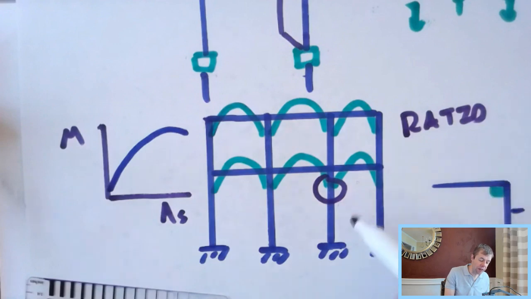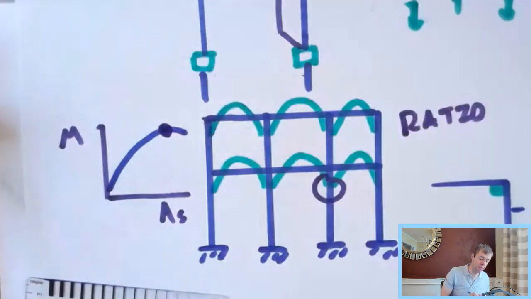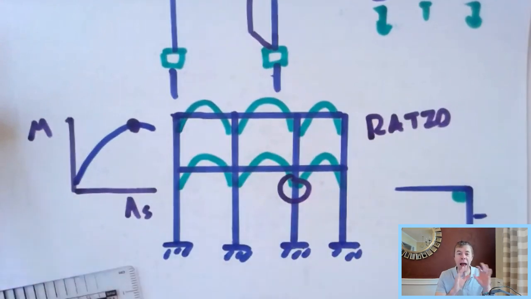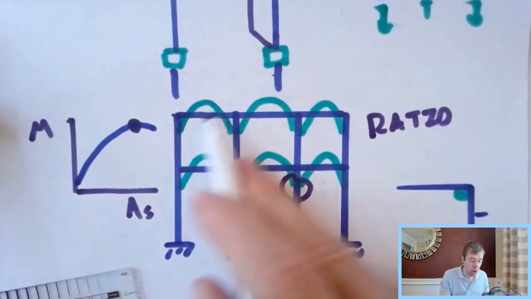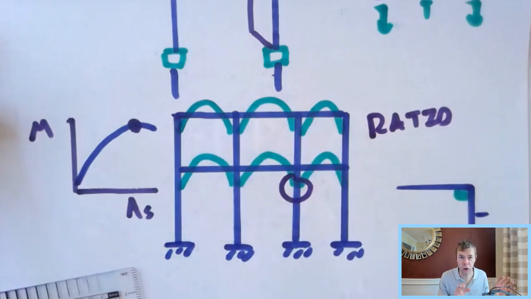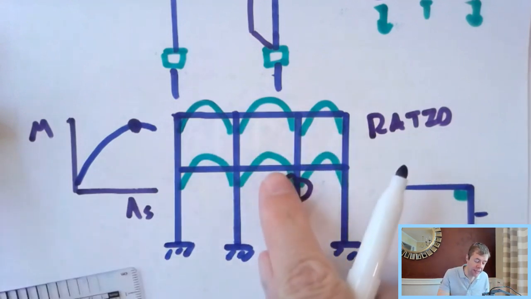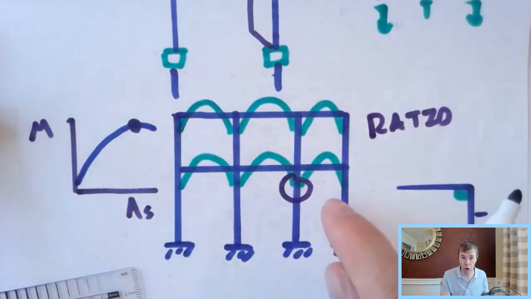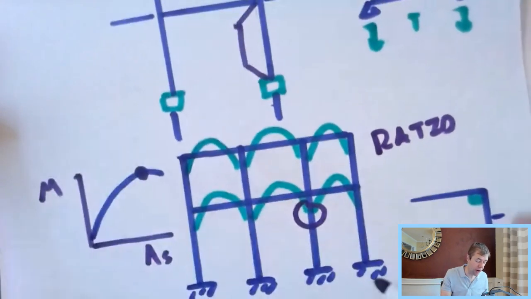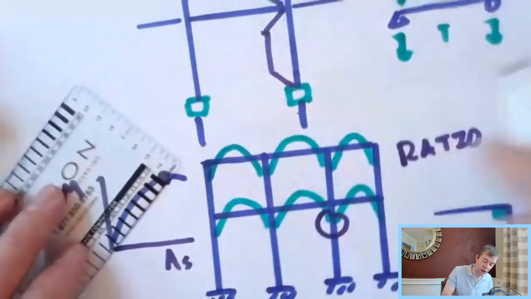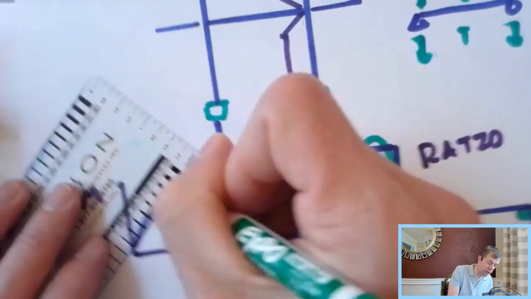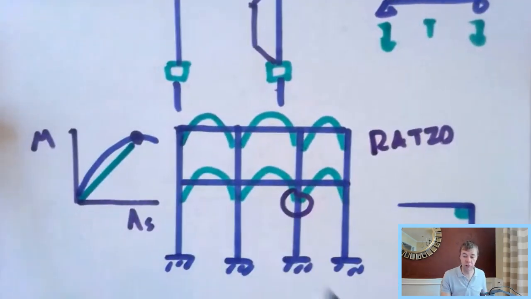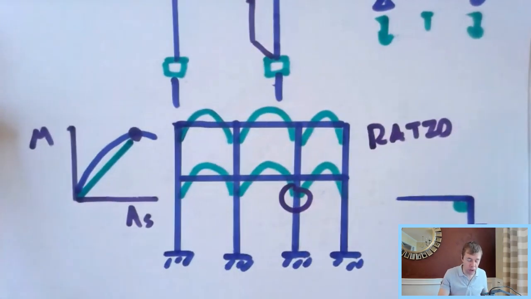But if I find one point on that diagram, then I'm going to use that ratio method, and I can use it for every other moment in my entire structure, as long as the depths of my beams are all the same. I can assume it's linear from here to here, and I can just ratio it, and I can design every single one of them.